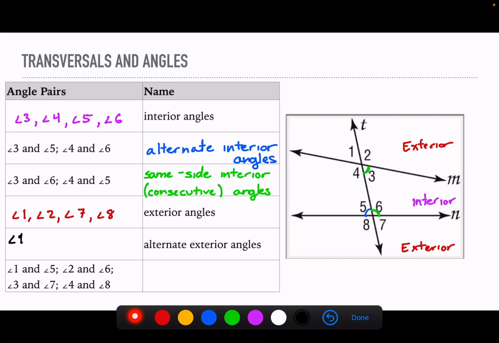If we start at angle 1, we're going to alternate this transversal. So we're going to switch sides, but we're going to stay on the exterior. So we're going to go from 1 to 7. So angle 1 and angle 7. And then we have the other pair, angle 2 and angle 8.